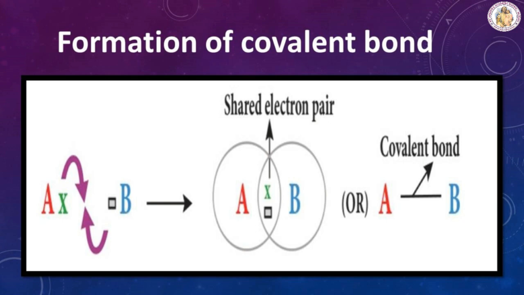In this picture, A is sharing one electron and B is also sharing one electron, and here is the shared electron pair. So this pair is called what? Covalent bond. When A shares one electron and B shares one electron, they make an electron pair. This pair is called a covalent bond. So here A and B attain a stable electronic configuration.